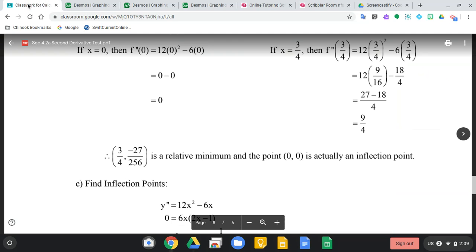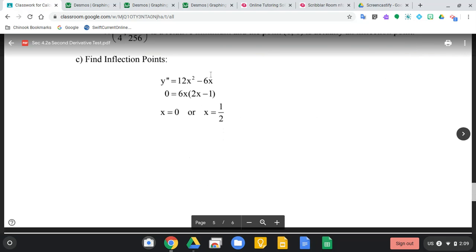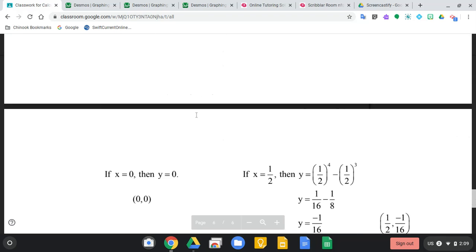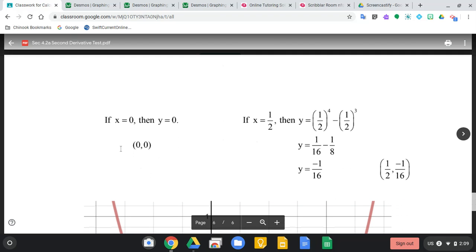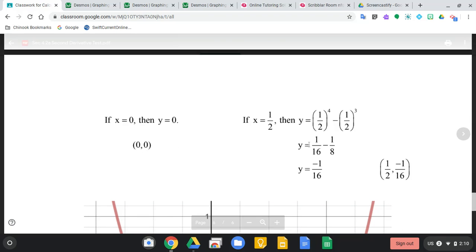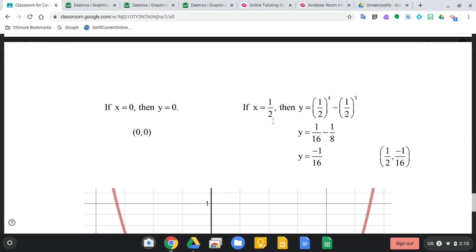So if I go back to our notes, I find the y value. So here's my two x values. I find the y value by substituting back. I showed both substitutions again. So when we substitute the 1/2 in, we get a y value of minus 1 over 16.